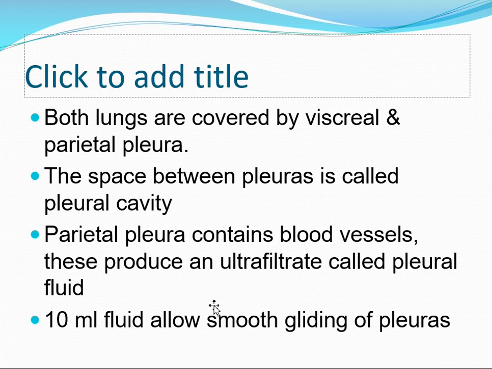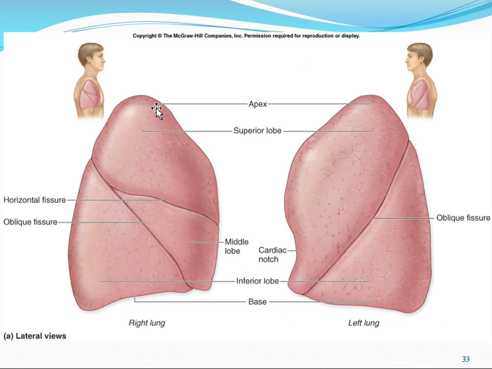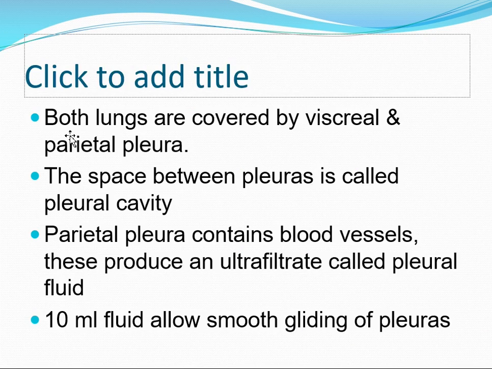This pleura is divided into two, visceral pleura and parietal pleura. In anatomy they'll teach you that the lungs have a covering of membrane. The one which is almost attached or adhered to the lung is known as the visceral pleura, and the other one overlying it is known as the parietal pleura, and the space between the two pleura is known as the pleural cavity.